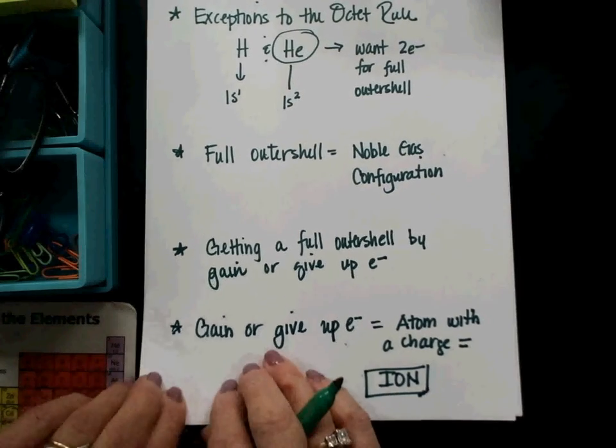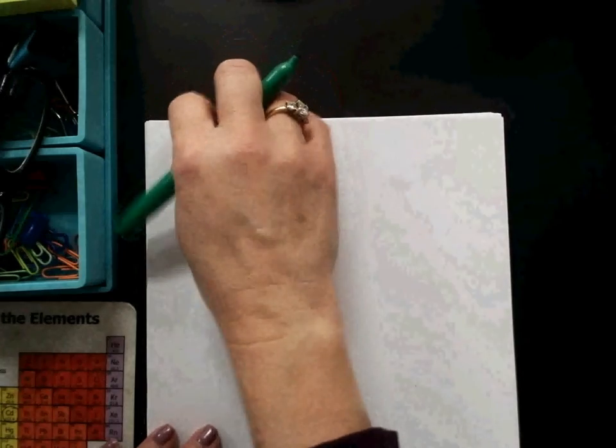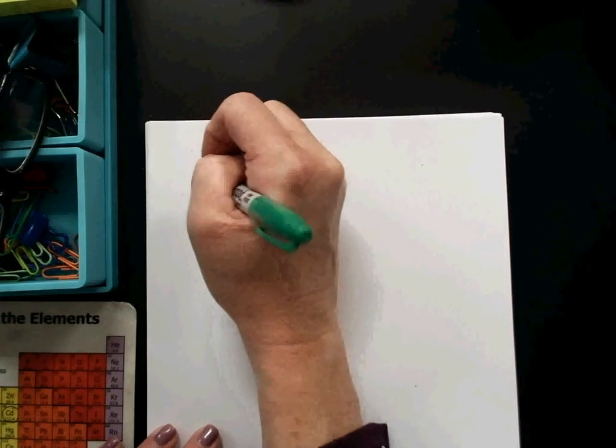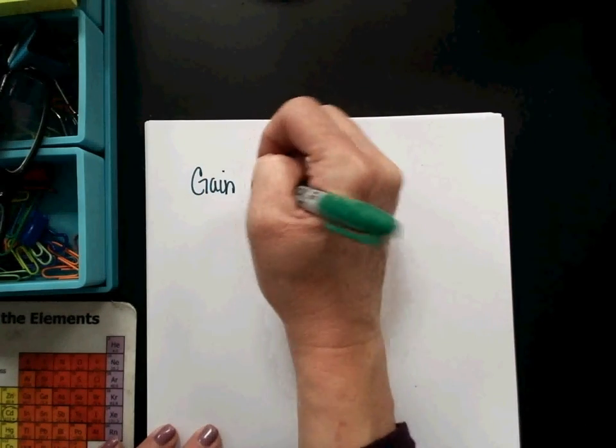So let me ask you a question. Let's say I gain electrons. I really want you to think about this, because it's kind of like reverse of what you think in your brain.